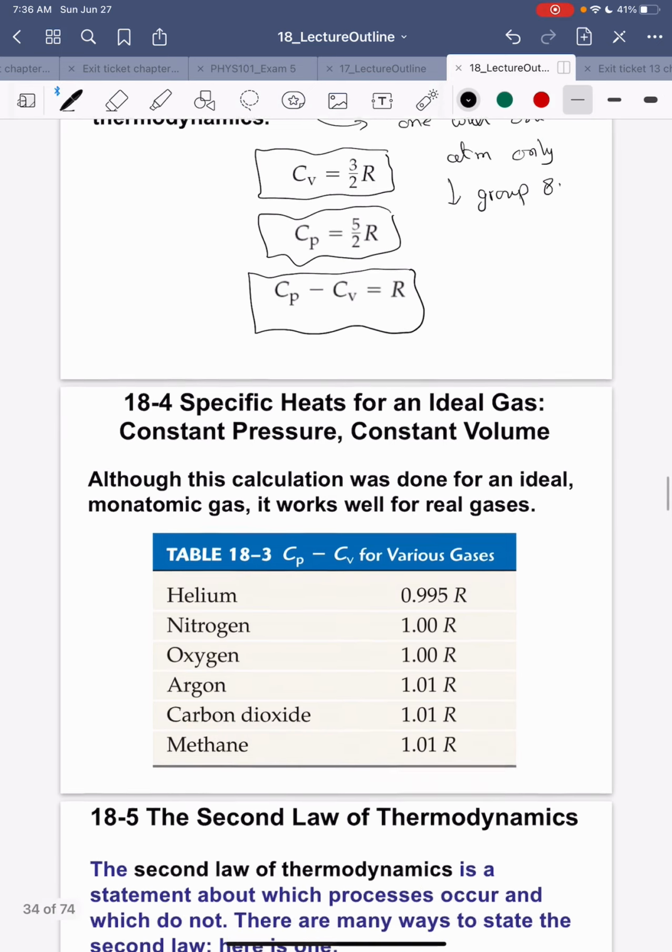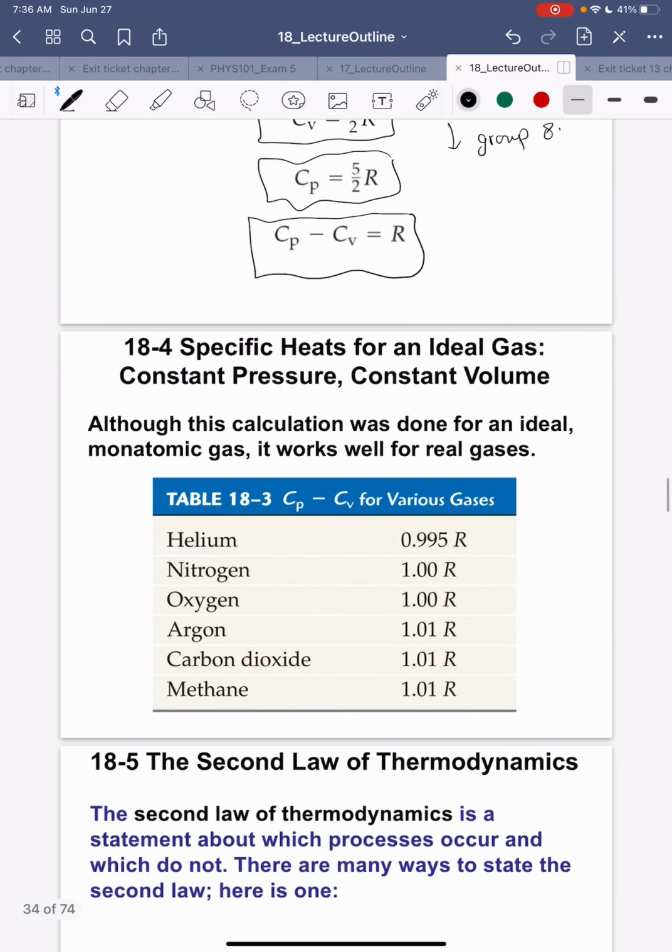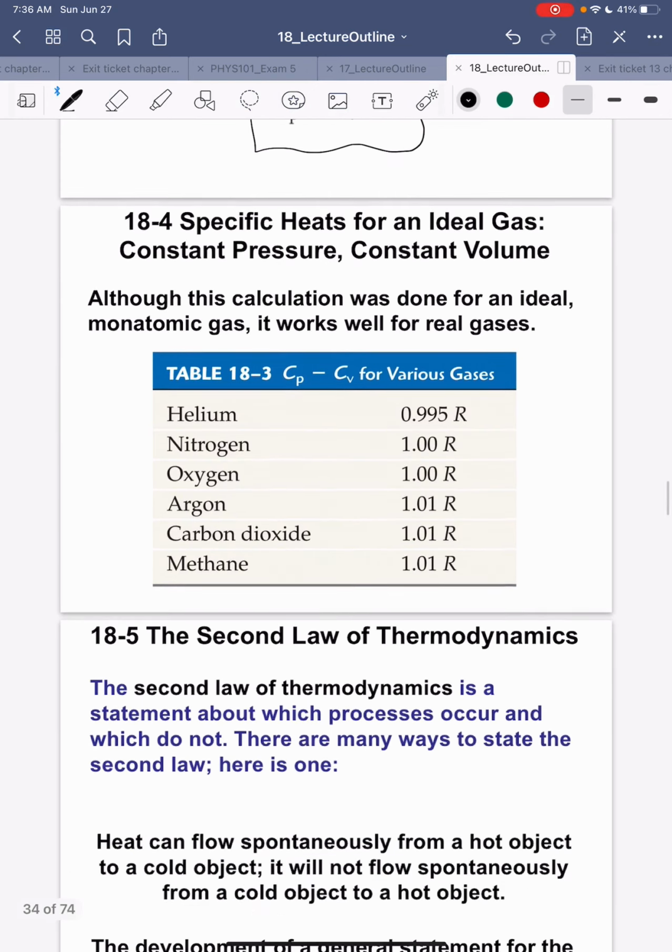For argon, it is 1.01. For carbon dioxide, 1.01. And for methane, it is 1.01 R. So it works well also for real gases.